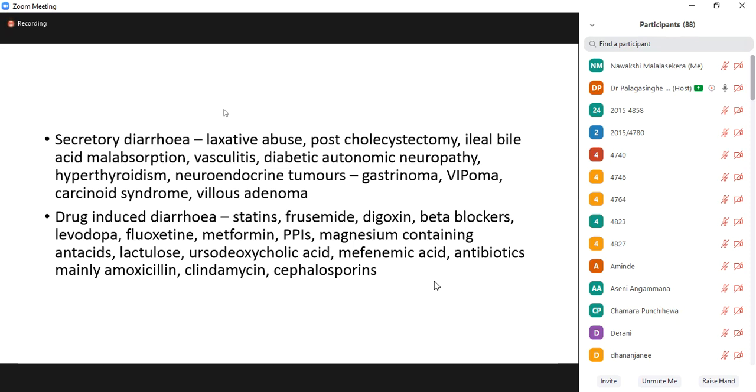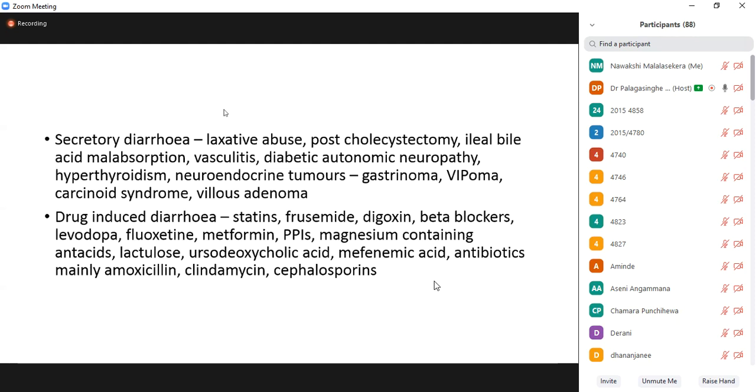Then you may come across some patients with drug-induced diarrhea. There are lots of drugs that can cause diarrhea, things like laxatives. Some people actually abuse laxatives. When they initially get constipated, they go on to take laxatives and develop diarrhea.